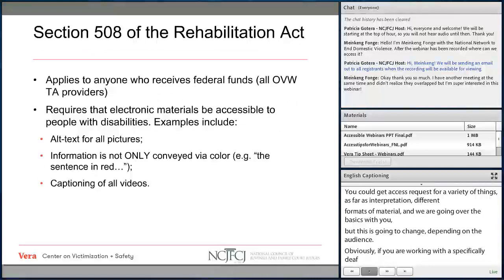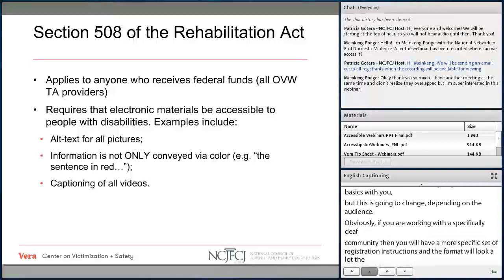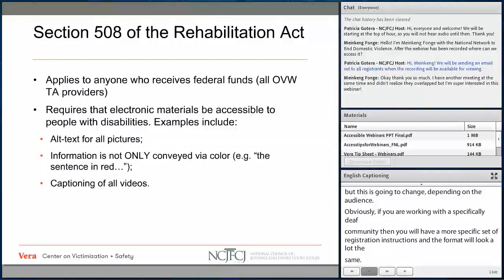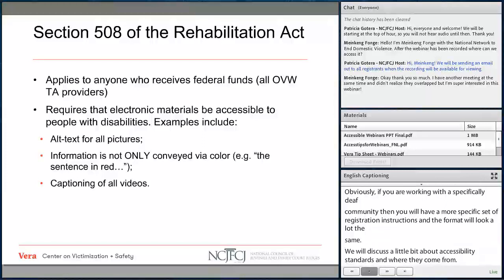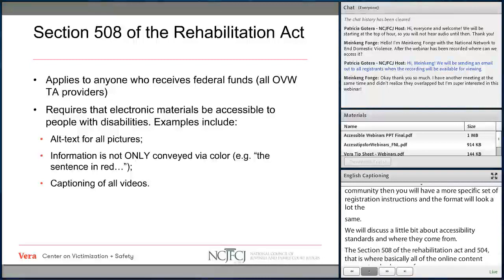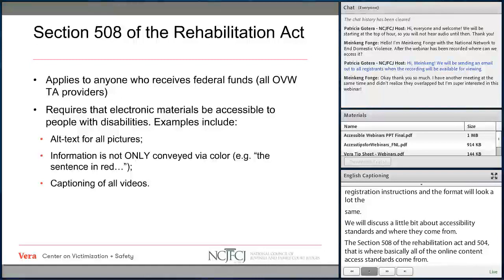So we're going to discuss a little bit about accessibility standards and where they come from. Section 508 of the Rehabilitation Act and 504, that's where basically all of the online content access standards come from. It applies to anyone who receives federal funding, so that is all OVW TA providers, but it can also apply to anyone with a large enough audience to determine that it is a public forum.